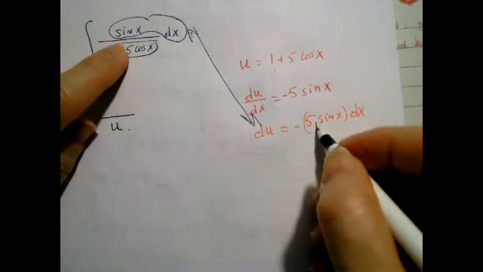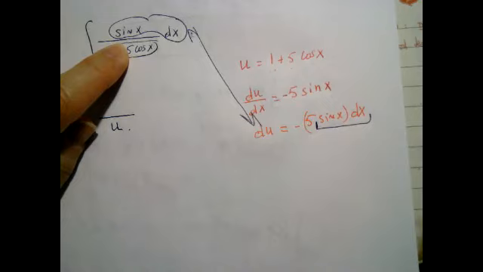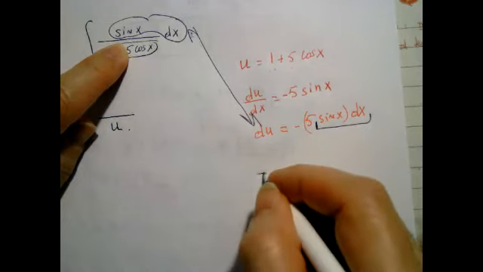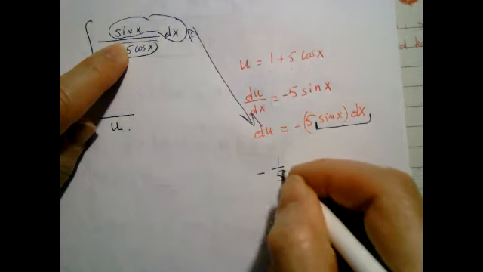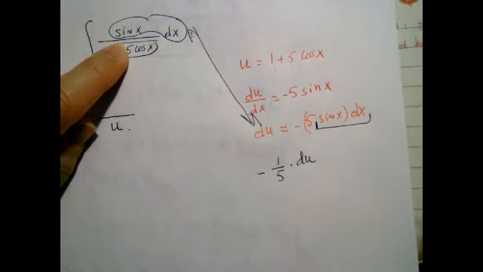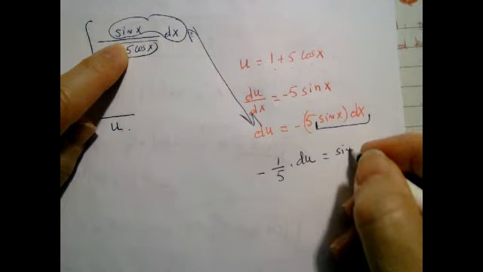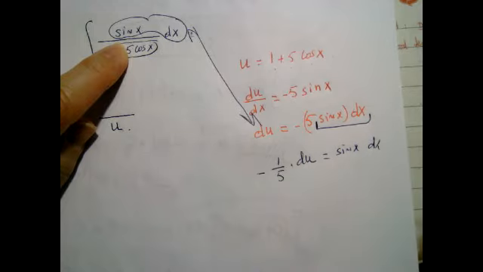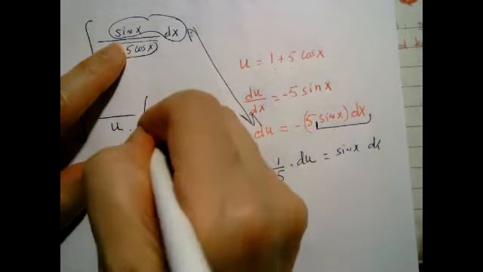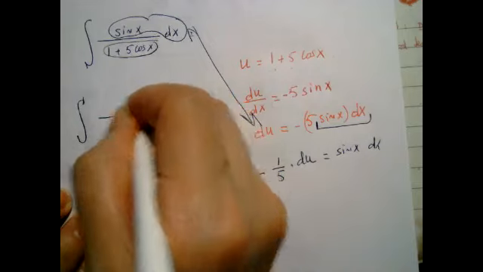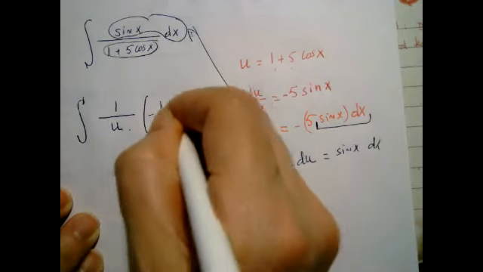From here, I need basically to isolate only the sine x dx, which is not a big deal. I divide by minus 5. I will get minus 1 over 5 times du is sine x dx. So the sine x dx becomes minus 1 over 5 du.